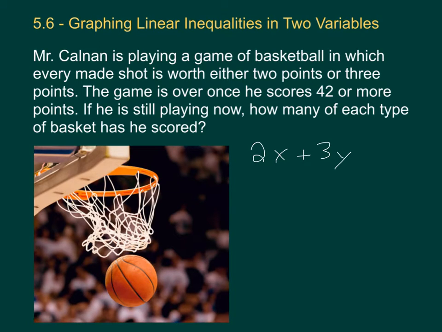And the thing to keep in mind is the game's over once the score reaches 42 or above. So since I'm still playing, I must have less than 42. And so this is an inequality with two variables that expresses this relationship.